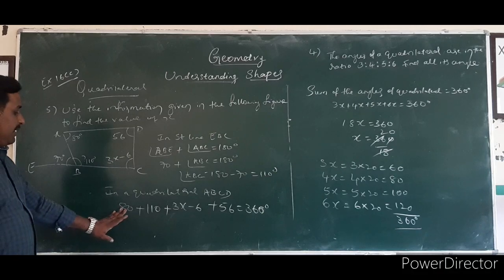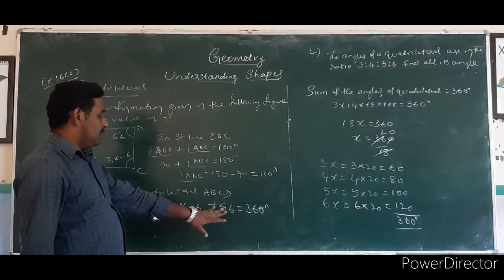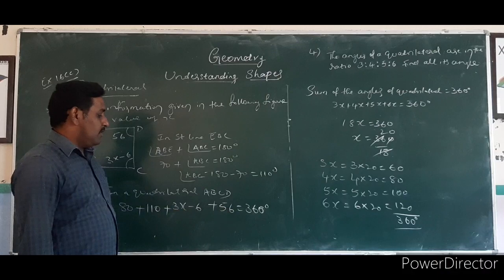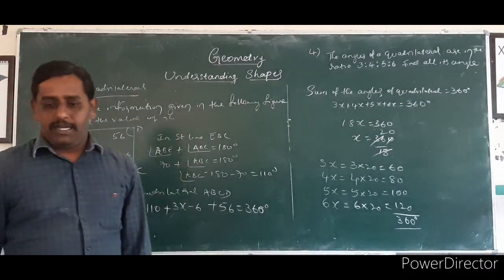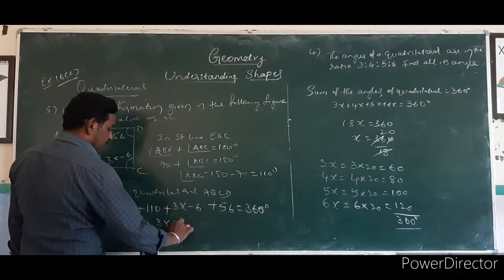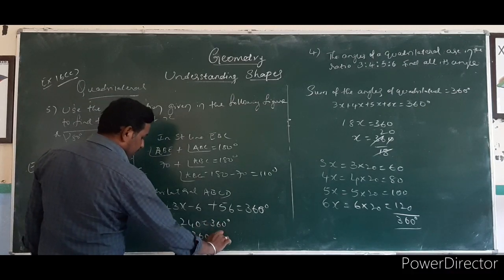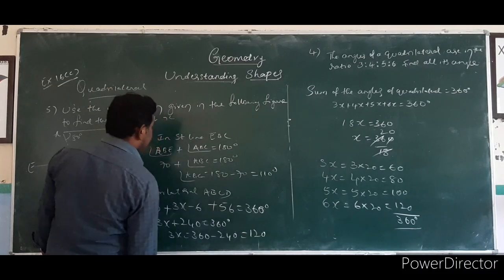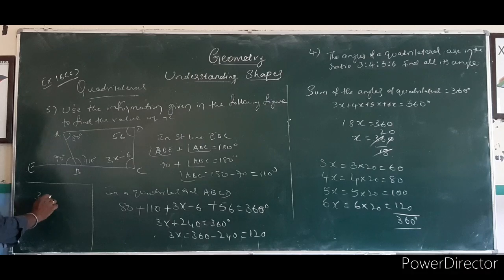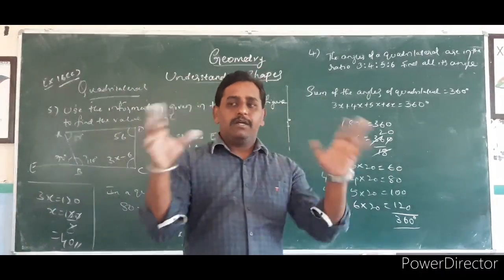Here we can add 80 plus 110, 190, 190 plus 56, you get 246, and minus 6 means 240. 3x plus 240 is equal to 360 degrees. 3x is equal to 360 minus 240, that is 120. Therefore x is equal to 40 degrees.